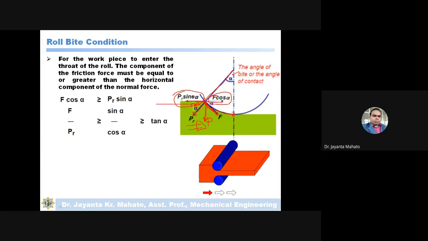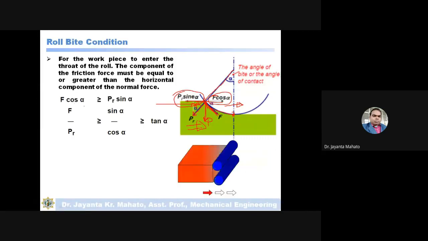Obviously F cos alpha should be more compared to PR sin alpha to pass the material between two rollers. The force in this direction is required to pass the material, otherwise the material will not pass between the two rollers.